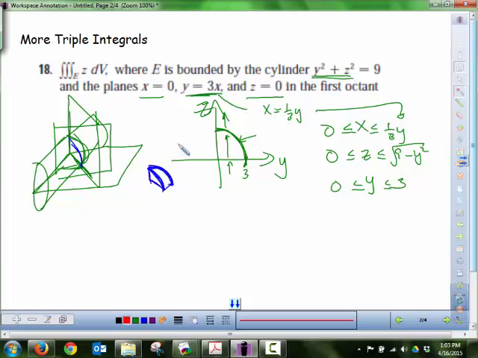If you were to draw a line parallel to the x-axis, you would enter the region through the back here when x is equal to 0 and exit the region through the front here with this plane. And then a two-dimensional picture is just this stuff. So we can just set up the integral. We don't have to compute it.